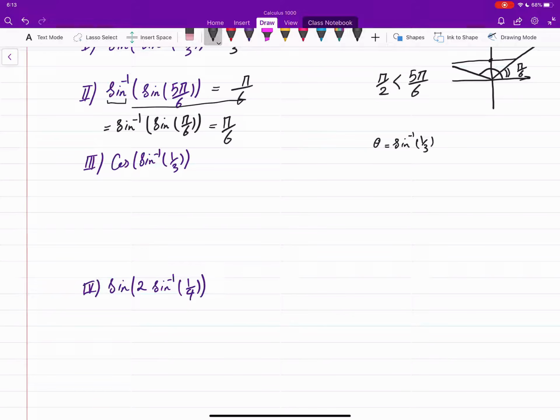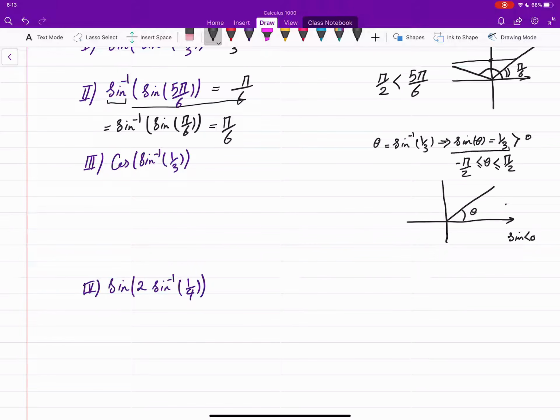This is an angle whose sine is 1/3. So it means that its sine is positive. And we already know that this is either in the fourth quadrant or the first quadrant. So either here or here. Here sine is negative. That means that our theta is going to be somewhere here. That's for sure.